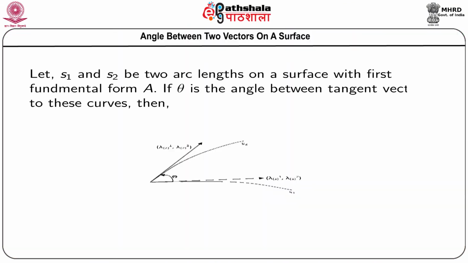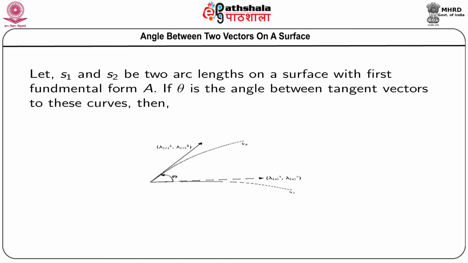So, let us define the angle between two curves on a surface. Now, let us consider two arc lengths on a surface denoted by S1 and S2 with first fundamental form A.